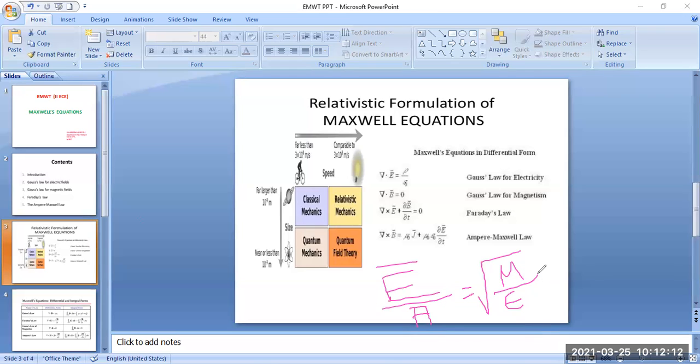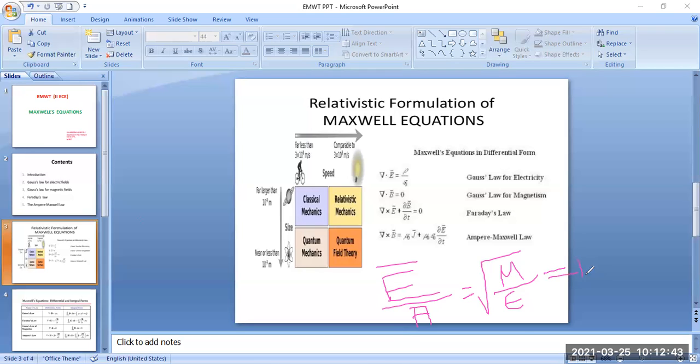Mu is the permeability of the medium in the magnetic fields. Epsilon is the permittivity of the medium in the electric field. So mu is equal to mu naught into mu r, and epsilon is equal to epsilon naught into epsilon r.